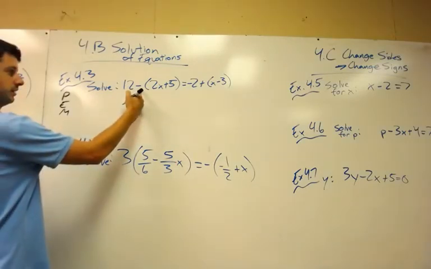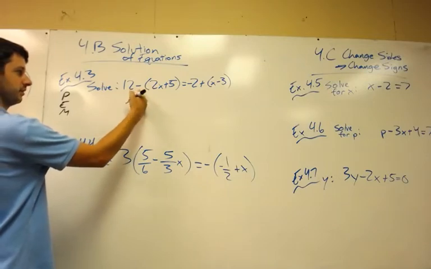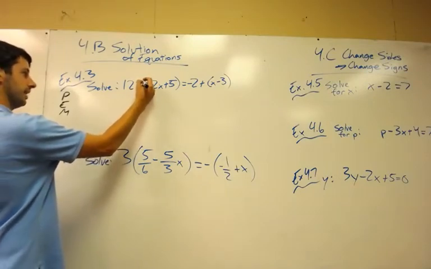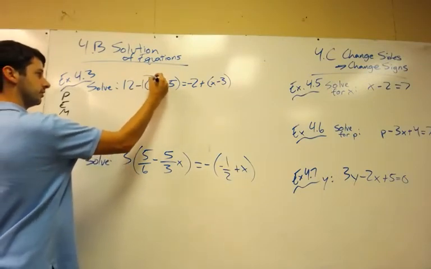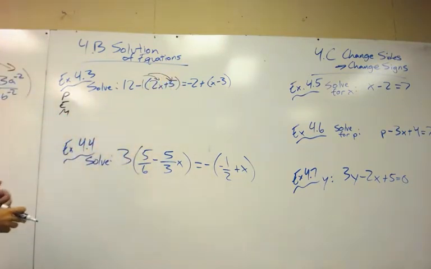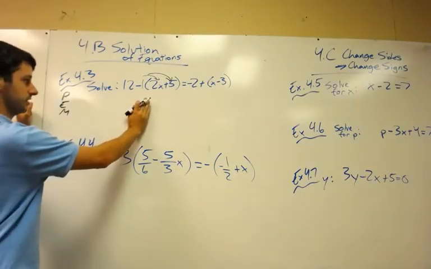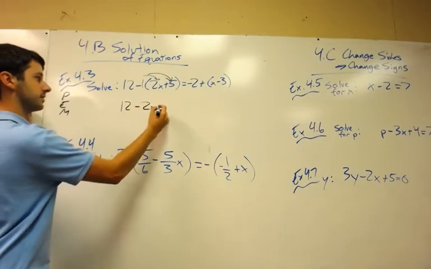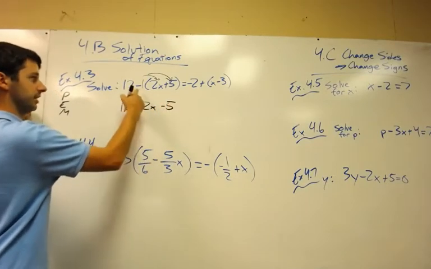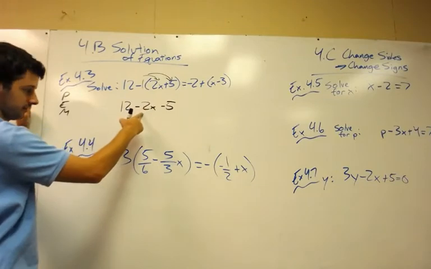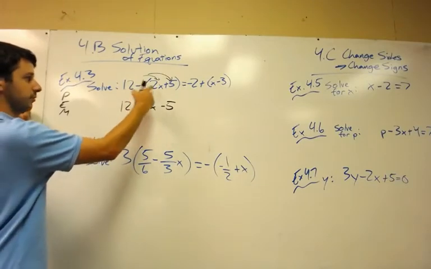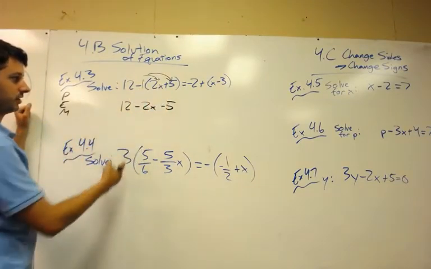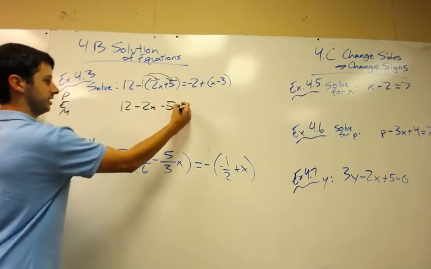Actually, when we have this negative, it is like distributing a -1 to both of the terms inside the parentheses. So what we would actually have, this is what confuses a lot of people, you would actually have 12 minus 2x minus 5, because -1 times 2x, -2x, -1 times 5, -5. So that would be this side of the equation.